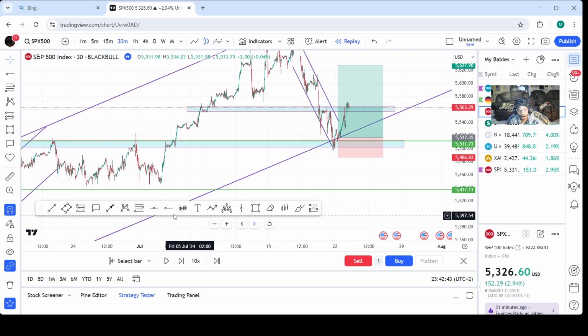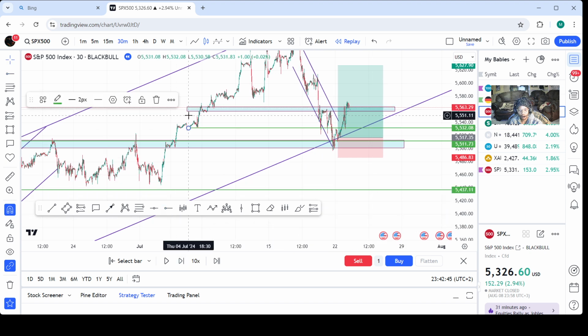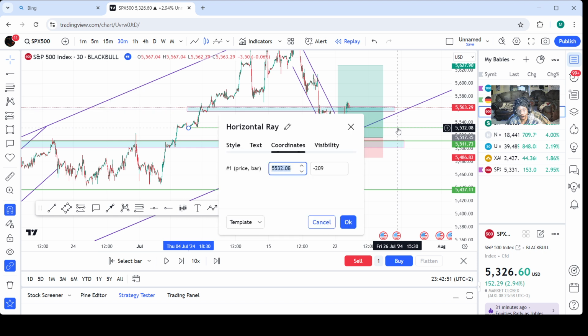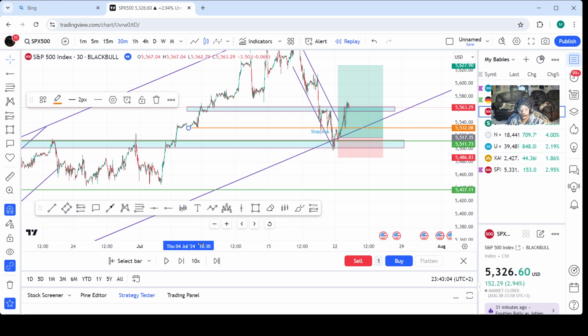We can place in our stop loss right there. So another trade successful, stop loss and profit, meaning that this is a risk-free trade. So no losses, nothing like that. Risk-free trade. We can just settle down and just enjoy the rest of our day.